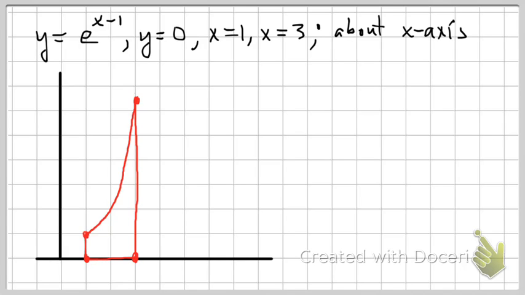So here's our region, and we are revolving it around the x-axis. All right, so if I spin this around, I'm going to get a little circle on the left, and I'm going to get a big circle on the right. Looking like this. I don't know, a bullhorn. Why not?